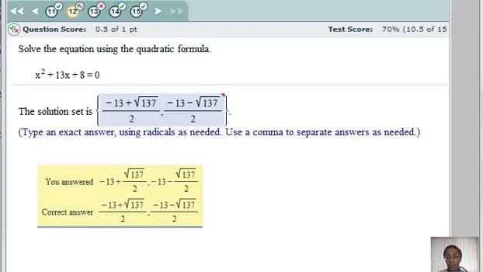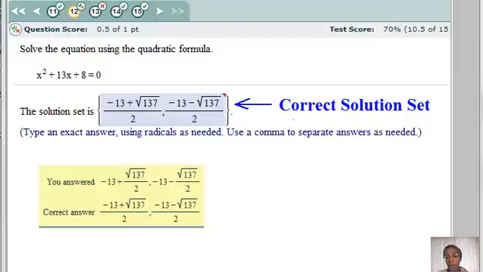Okay, in this problem, the quadratic formula was used to solve the equation x squared plus 13x plus 8 equals 0. And the correct solution set is shown here. And I just want to point out the incorrect answer that was entered.